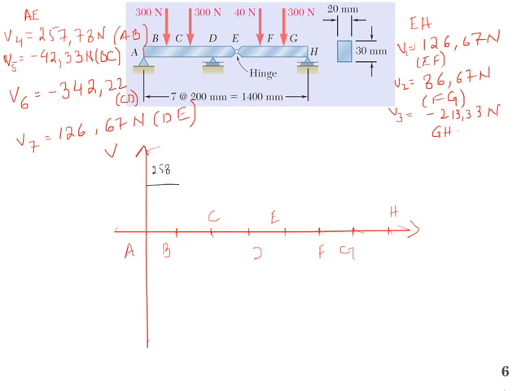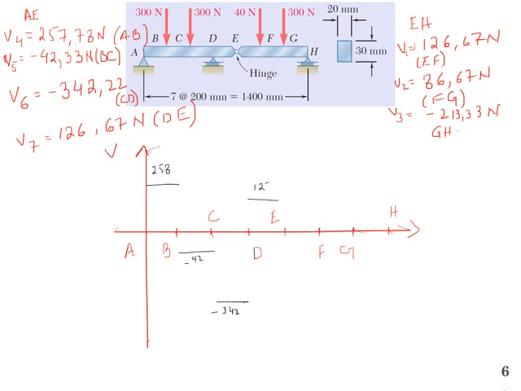From B to C, it's negative 42.33, so let me write 42. And from C to D, it is minus 342, so 342 negative. And from D to E, it's positive 126 as well.